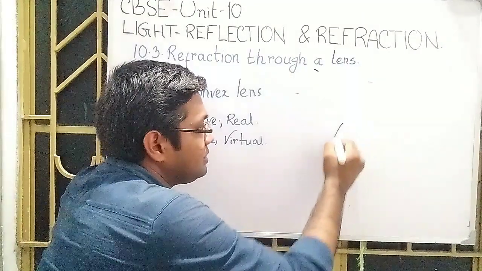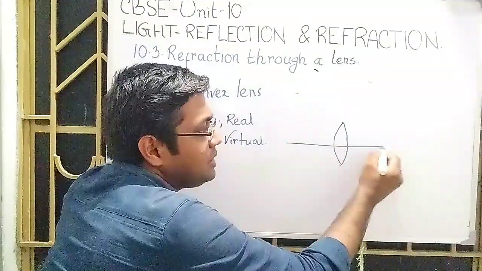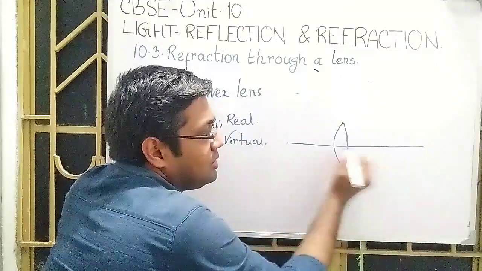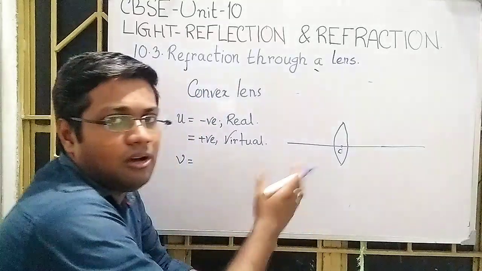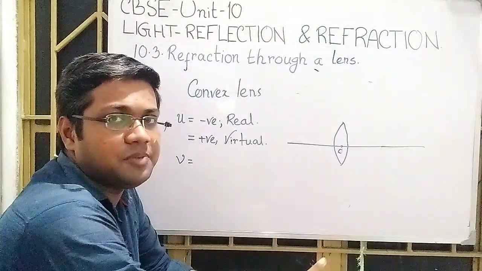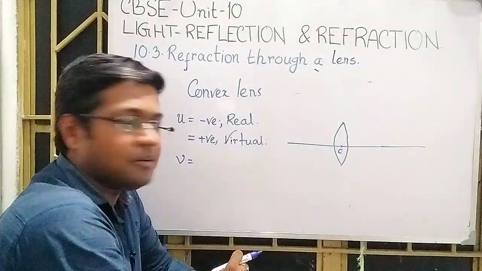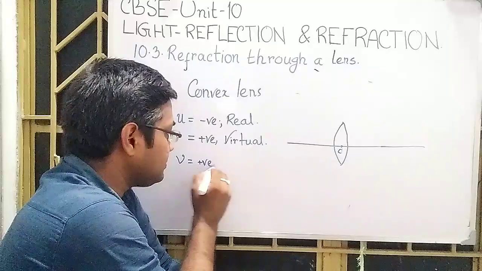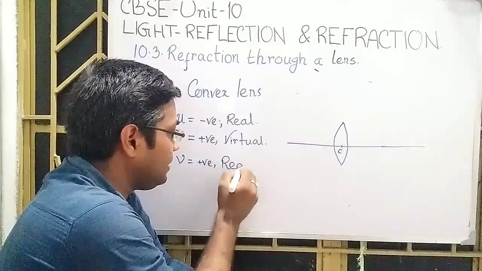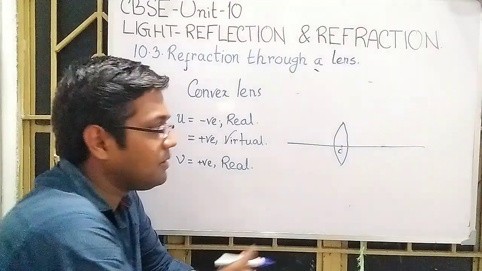That is, it is a lens. All the time the image is formed on this side. So if I measure the distance of the image from the optical center, in all of these cases the image we have obtained is on this side. So the image distance is positive. If we get a real image, the image distance is positive.